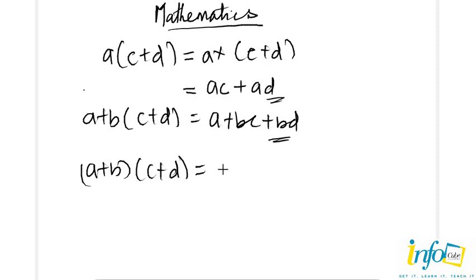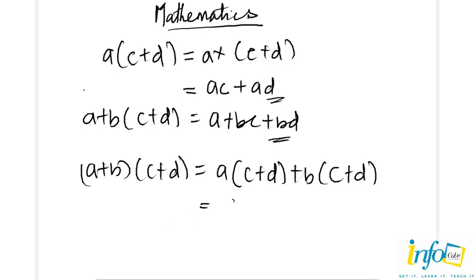In other words, I'll pick A, then A will multiply everything in the second bracket. I'll pick plus B, it will multiply everything in the second bracket. With this I will have A times C, which will give me AC, A times plus D will give me plus AD, plus B times C will give me plus BC, plus B times plus D will give me plus BD.